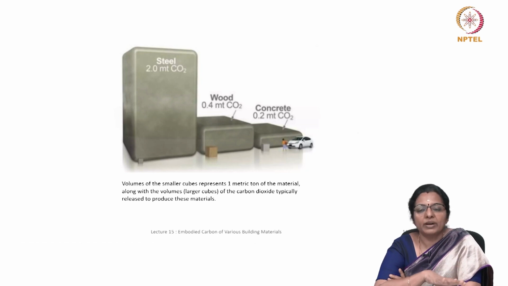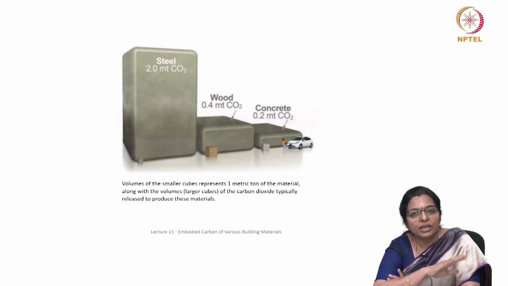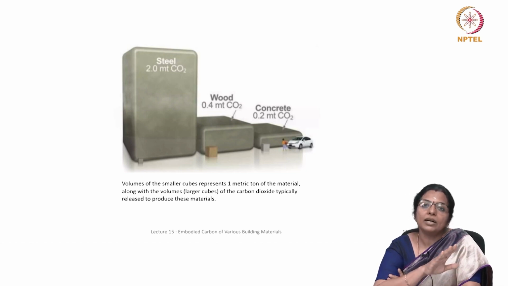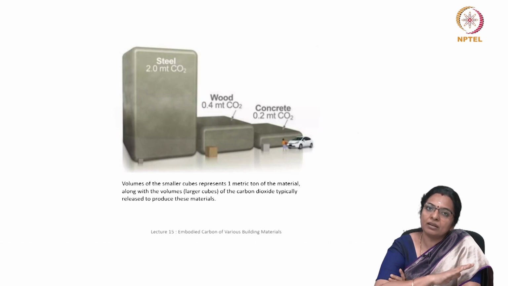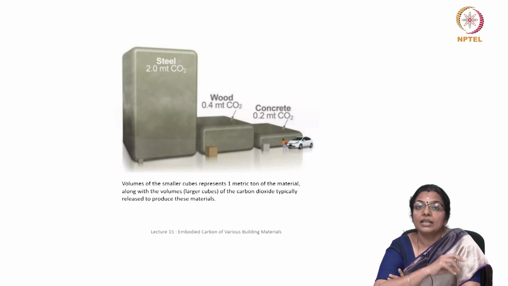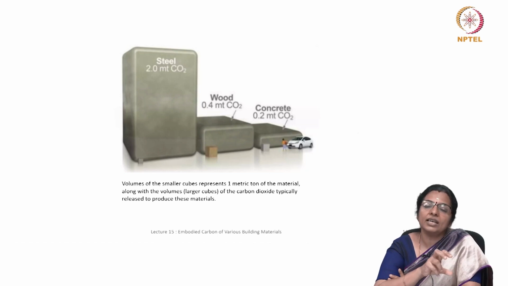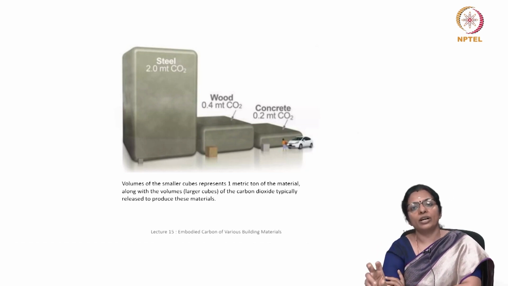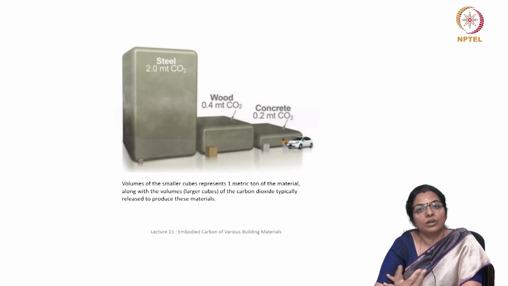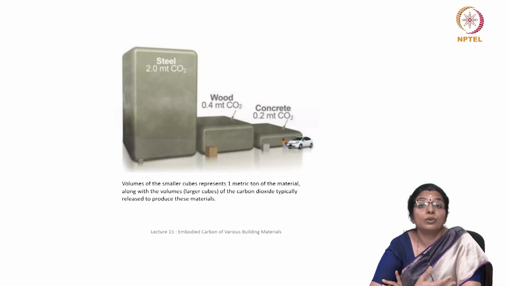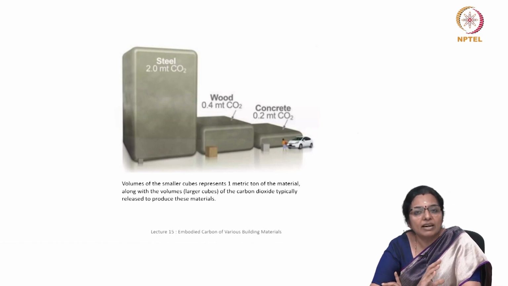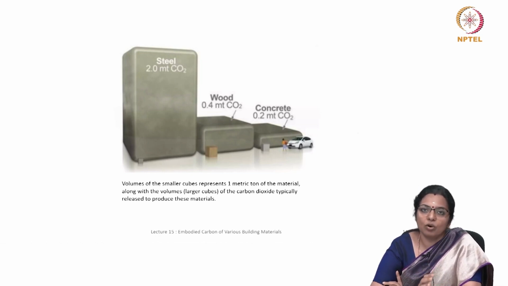And what we learn from it is, it's not just the embodied carbon and the carbon dioxide emission of a building material, but if we look at the quantum of the material used in the building, then even a moderately high embodied energy material would contribute extremely high to the entire building. So where that particular building material is used, that component is also very important, and we have seen briefly those items of work also.